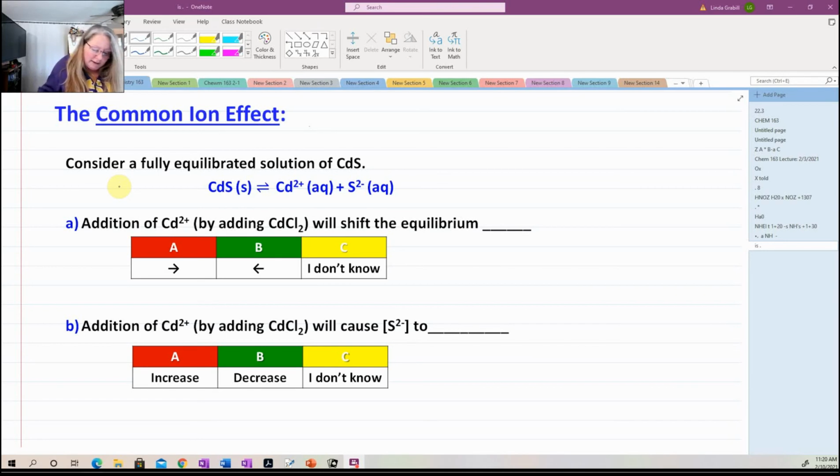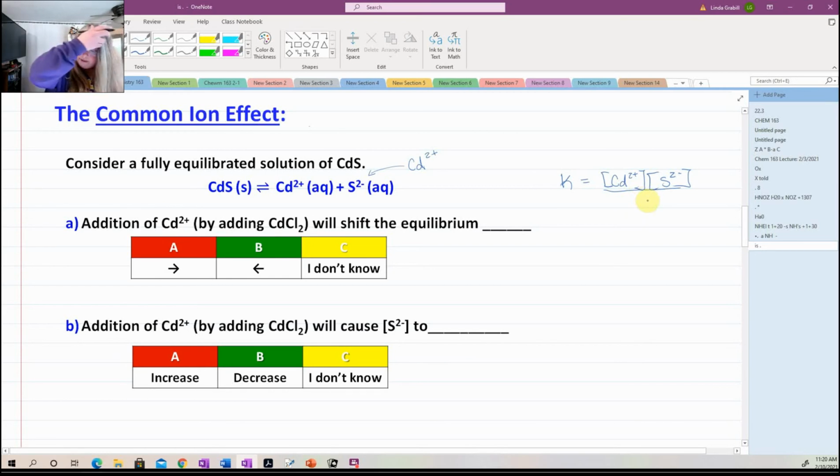If I add cadmium 2+, that would add to the products. And remember, we did our initial equilibrium expressions, and we talked about products over reactants, S2- over my cadmium sulfide, which is a solid, which is equivalent to 1.